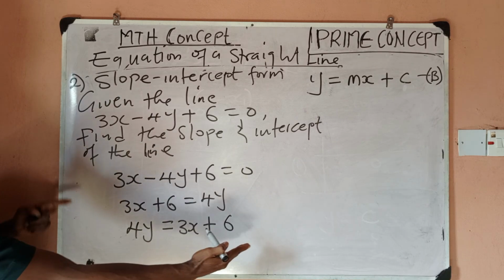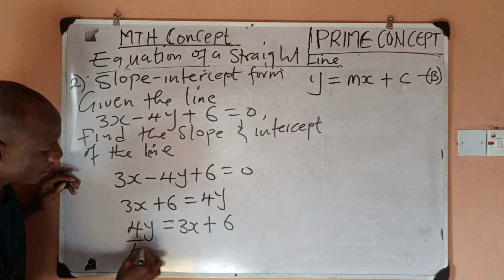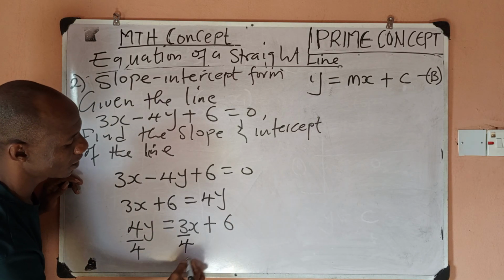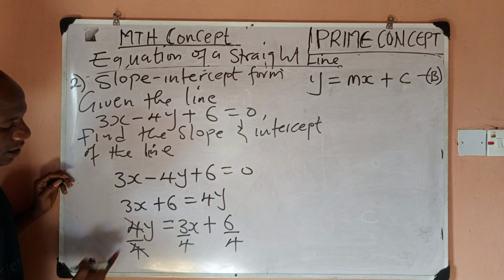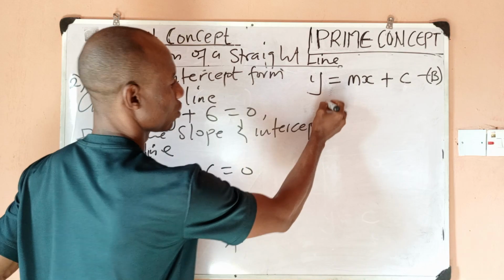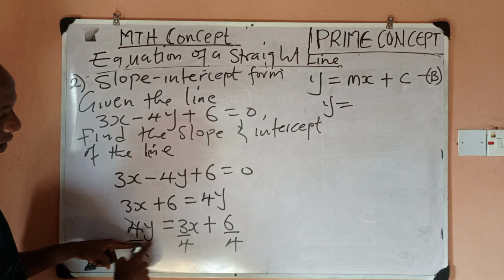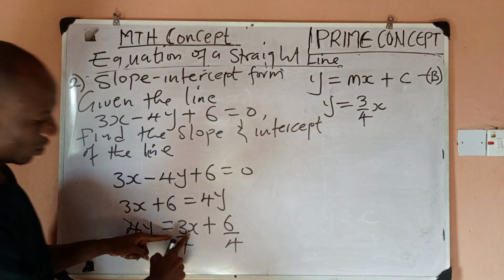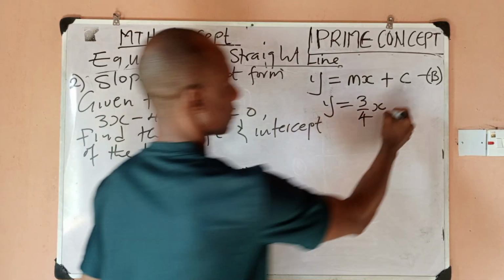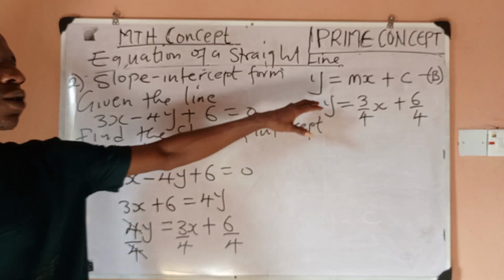I'll divide through this equation by 4. So I will have divided by 4, divided by 4, divided by 4. So if I do that, this can fizzle this. I'll be left with y here alone, right? Equals what? 3 over 4x, which is what you can see here, then plus what? 6 over 4. So this is what we have when we make y the subject.